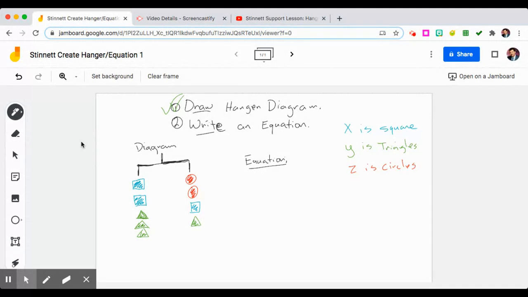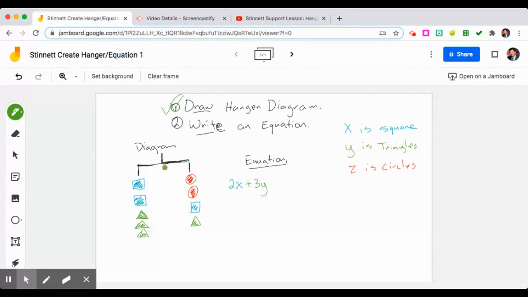And so for my equation, I'm going to look at my left side and see that I have two squares, and I know x represents my squares, so I'm going to say 2x. Then I have three triangles, so plus, and y are my triangles, so three y's.